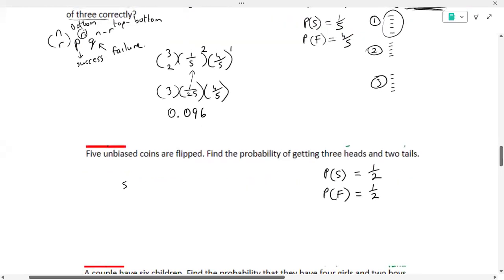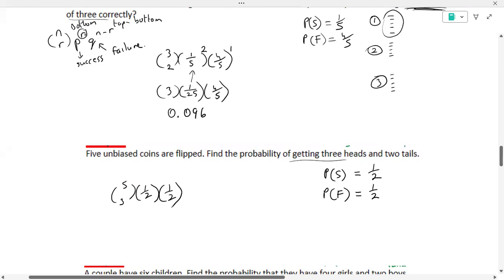So from my 5 coins, I want to know the probability of getting 3 heads. Now you might say, well, what about the rest of the sentence? It doesn't matter, because if I've gotten 3 heads, I automatically have 2 tails. Do you understand? Because there's only 2 options, heads or tails, nothing in between. I write my chance of success here, which we said was 1/2, my chance of failure here, which we said was 1/2.